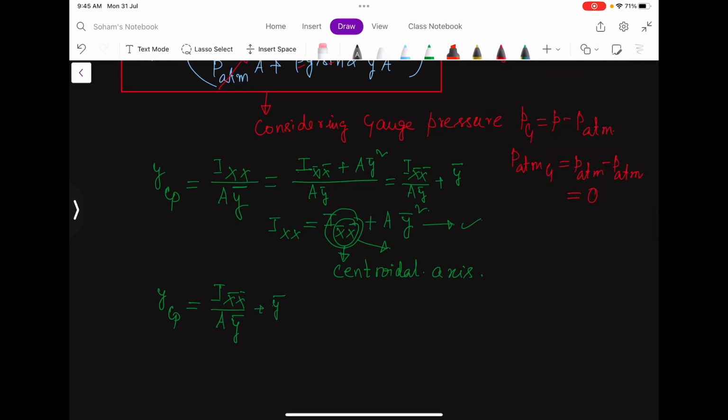So this is the actual formula, and once you find this ycp, then you can find the hcp also, just by doing ycp sin alpha, right? So this was the actual formula.